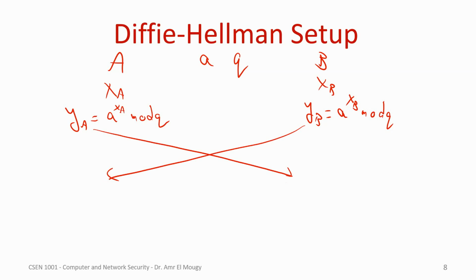So YA is sent from A to B, YB is sent from B to A. So now A has YB and B has YA. Now note that they send only the public key. That means the result of the exponentiation A power XA mod Q and the result of the exponentiation A power XB mod Q. They don't actually send XB and XA, only the exponentiation.